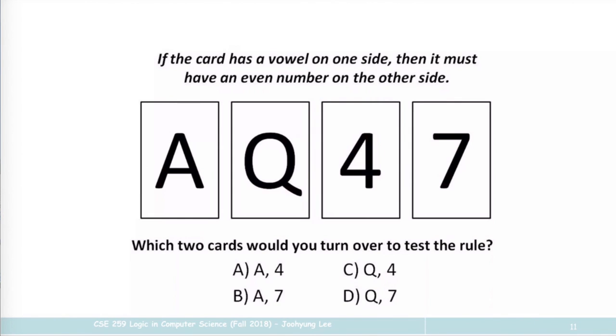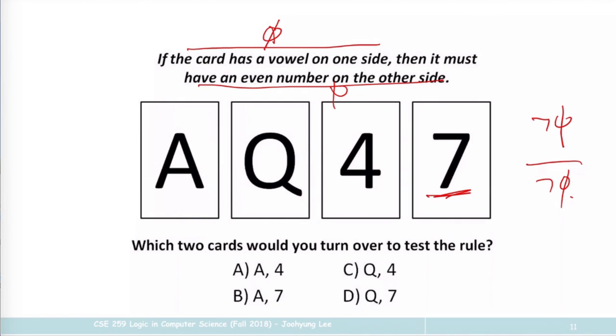So we talked about this problem before. If this is phi, then this is psi: if a card has a vowel on one side, it must have an even number on the other side. One unintuitive thing is that you have to flip 7, because 7 tells you that this is the negation of psi, so you can actually get the negation of phi.